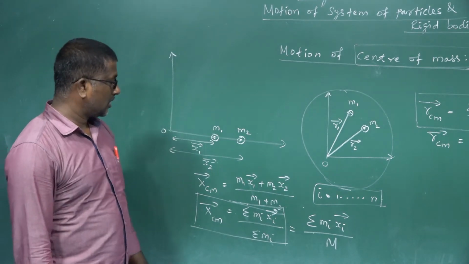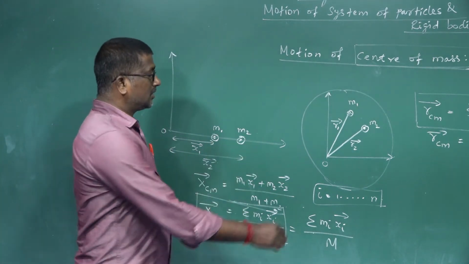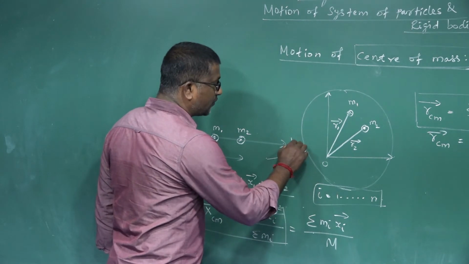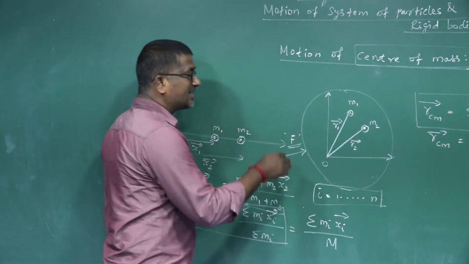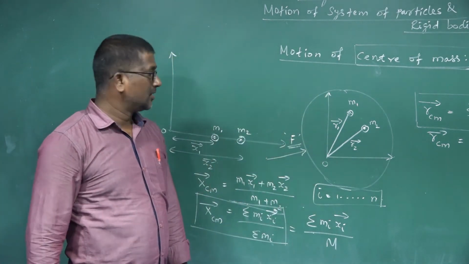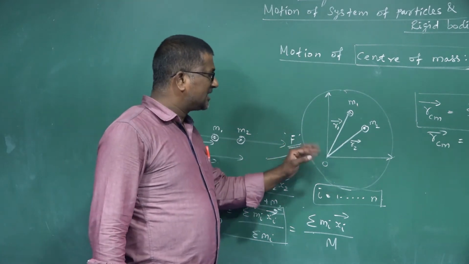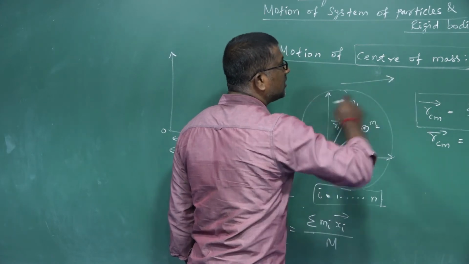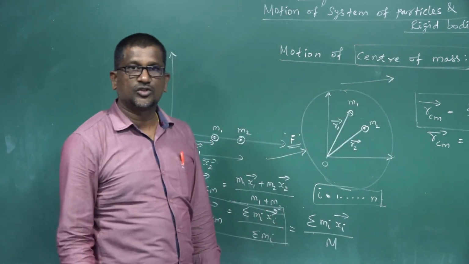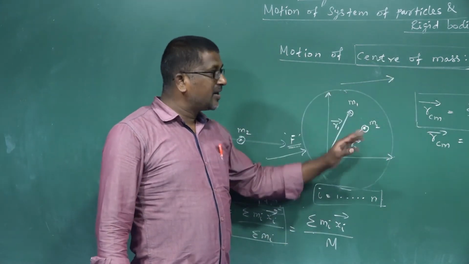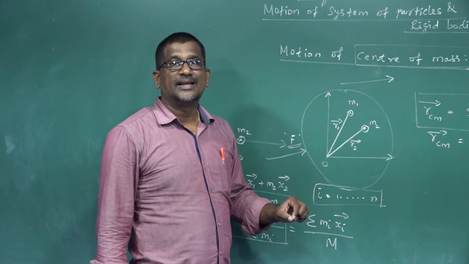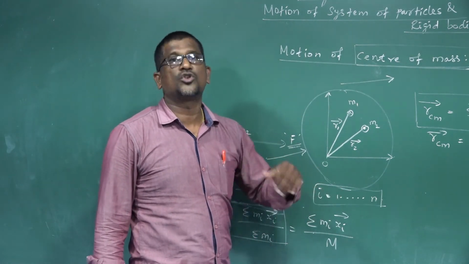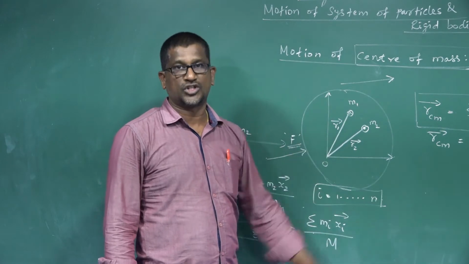Right. Okay. Suppose an external force is acting on the rigid body. Right? So whenever an external force is acting on a rigid body, suppose the rigid body starts to move. If the rigid body moves, automatically the center of mass also moves along the direction of motion of the body.